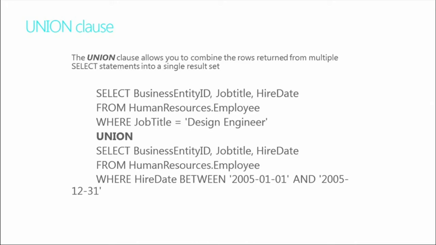I could do select business entity ID, job title, hire date from HumanResources.Employee, if I wanted to, where hire date or fire date was a certain date. You can do that as well. As long as the columns match up, you can retrieve that content from different tables here. So this is the union clause, and we'll see how that operates for us here.